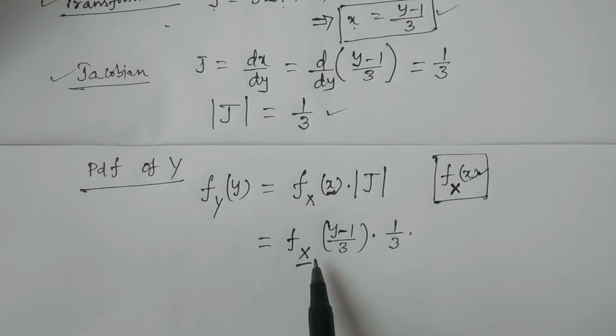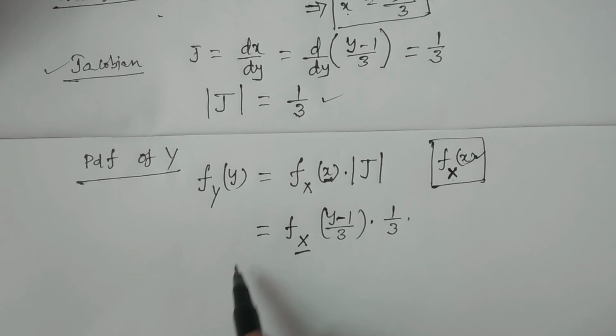So clearly to speak, you have to transform the variable x in terms of y. Again I recollect, remember the point: (y minus 1) by 3 is the transformation of x.